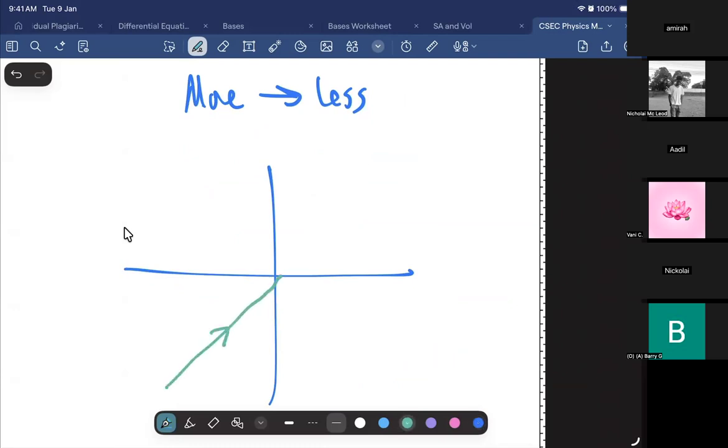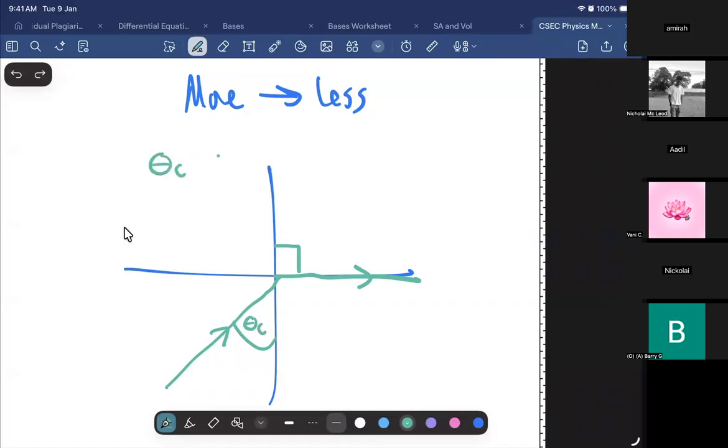Now, if you're going from more to less, the refracted ray would bend towards or away? Away. And eventually, if you keep increasing the angle of incidence, it will be 90 degrees to the normal. So you call this the critical angle.